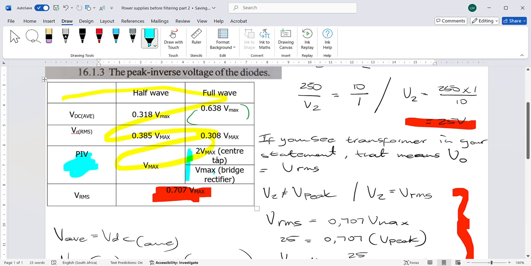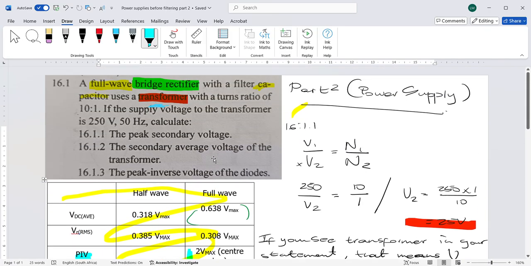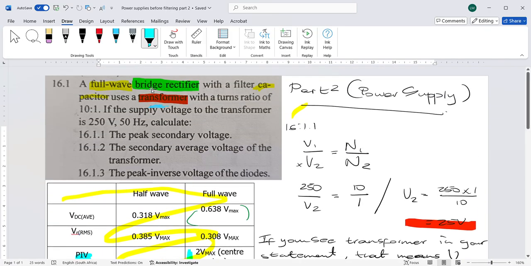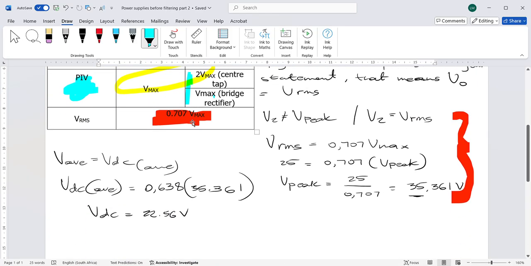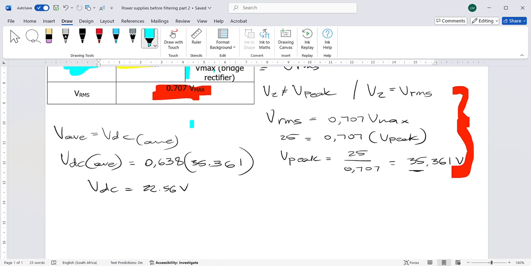We've got two Vmax for center tap and we've got Vmax for bridge rectifier. So let's go back. The second is a full wave bridge rectifier. That means in my solution, I will simply say that because it's a bridge rectifier, peak inverse voltage is also equal to Vmax.